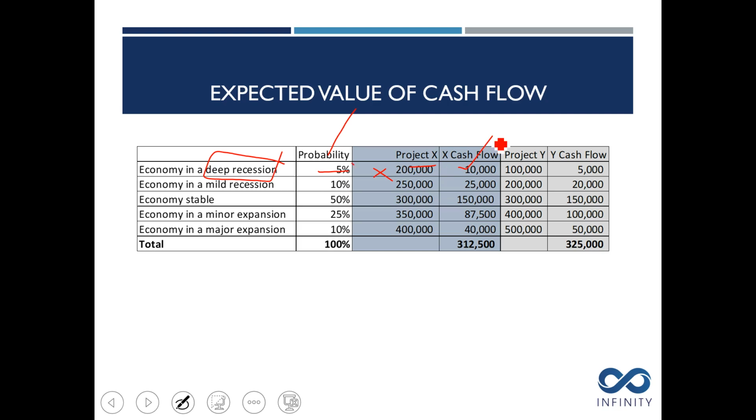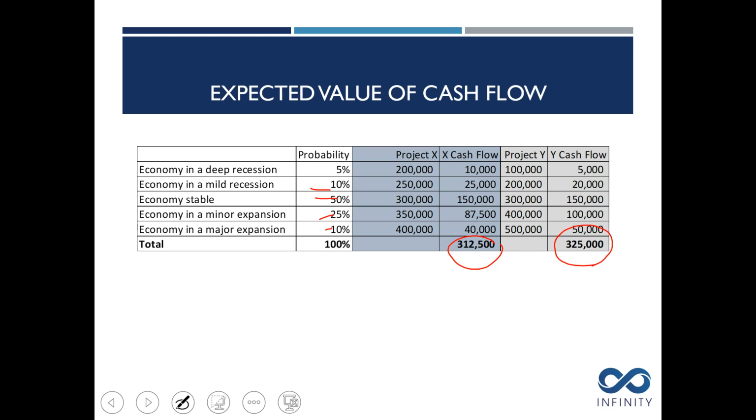Whereas for project Y, we multiply 5% with 100,000 and we get 5,000. In this case, X is giving us more cash flow. Like that, you multiply each value with the probability of the scenario that may happen, and add all that together, and you get X cash flow of 312,500 and cash flow from project Y of 325,000.